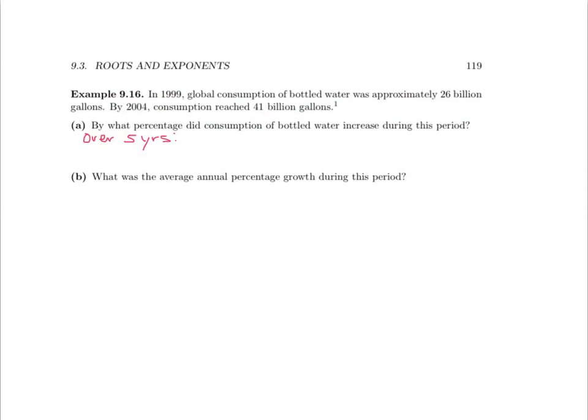what was the factor, first of all? Well, the growth factor over this 5-year period is found by taking the final value, which is the 41 billion gallons, and dividing that by the initial value, which was 26 billion gallons.